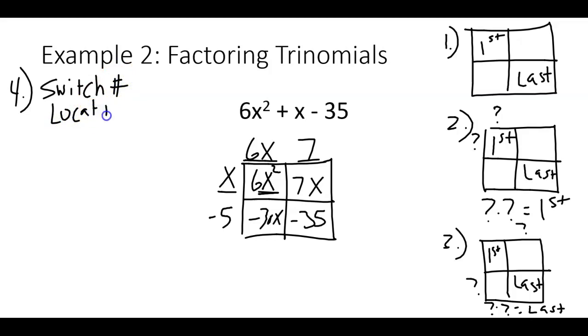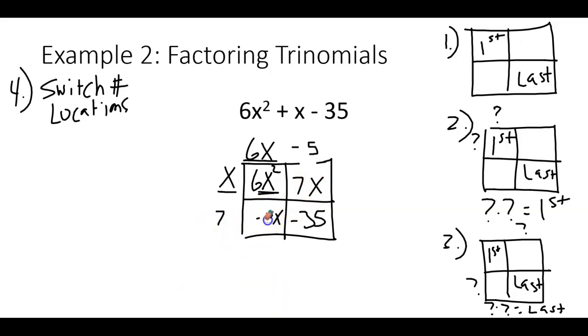In other words, don't change what numbers you're using, but just switch where they're at, okay? So let's start by taking our 7 and our 5, and let's switch those around a little bit. Let's go ahead and we'll put the minus 5 up here, and we'll put the 7 here. All right, let's try that.